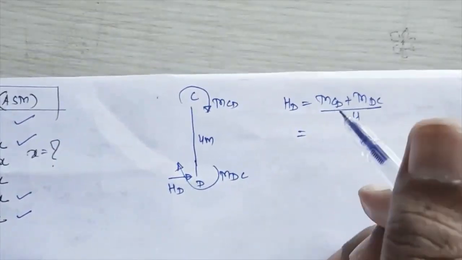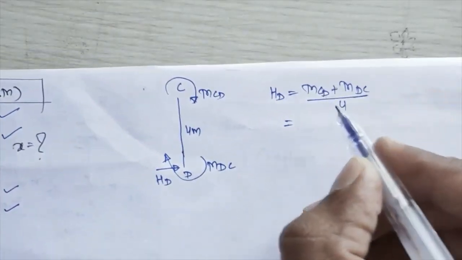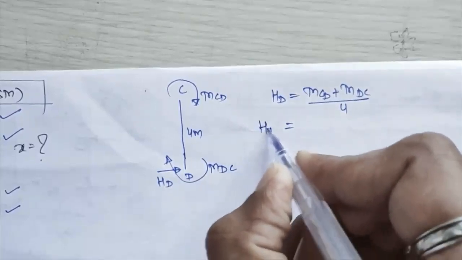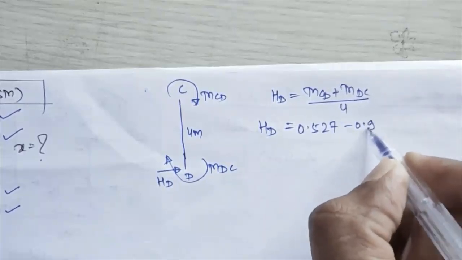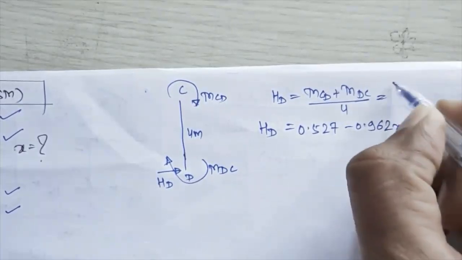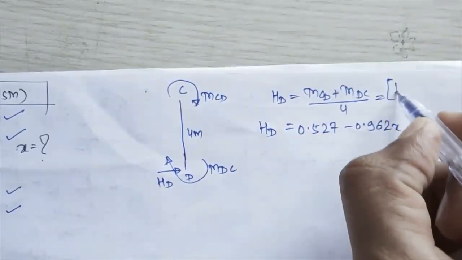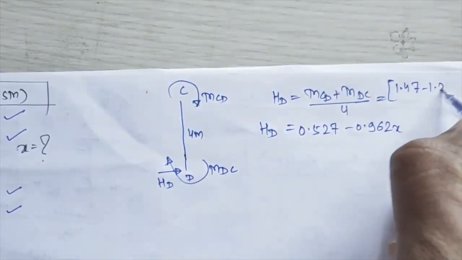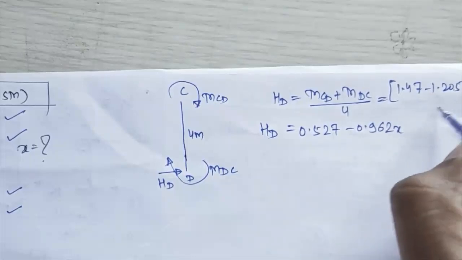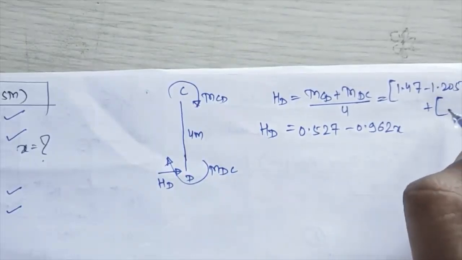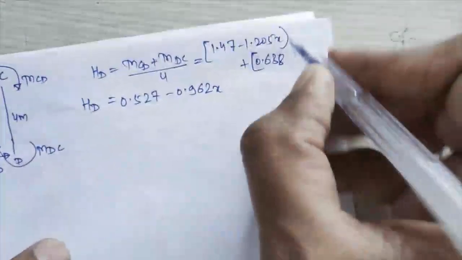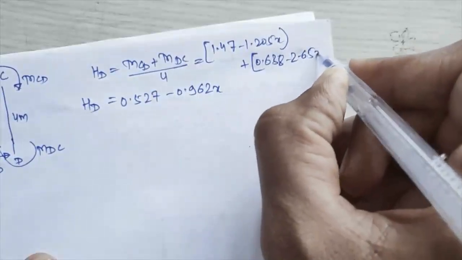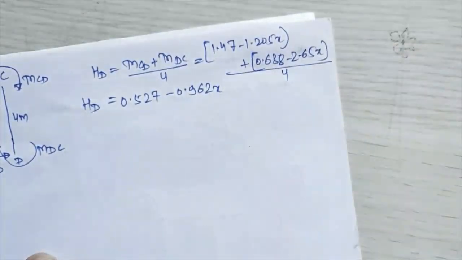Simplifying, divided by 4, I get 0.527 minus 0.962x. Or you can write 1.47 minus 1.205x plus 0.638 minus 0.265x divided by 4.